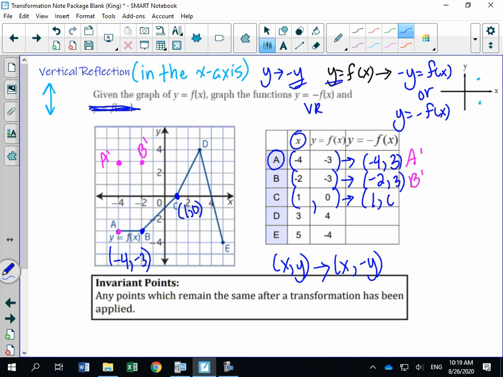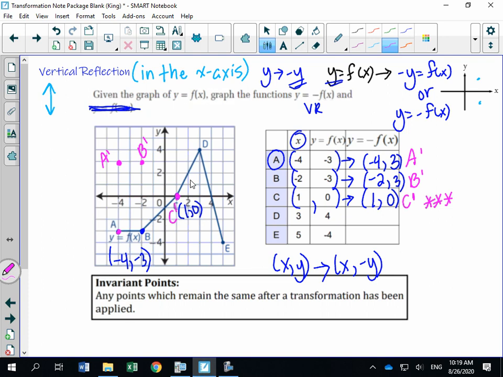So this coordinate, which is C prime, does not change. And we're going to star this because this is going to be a really important concept. So let's star this. This now is C prime. So it's both C and C prime. This coordinate did not change, right? And there's going to be a word for that.